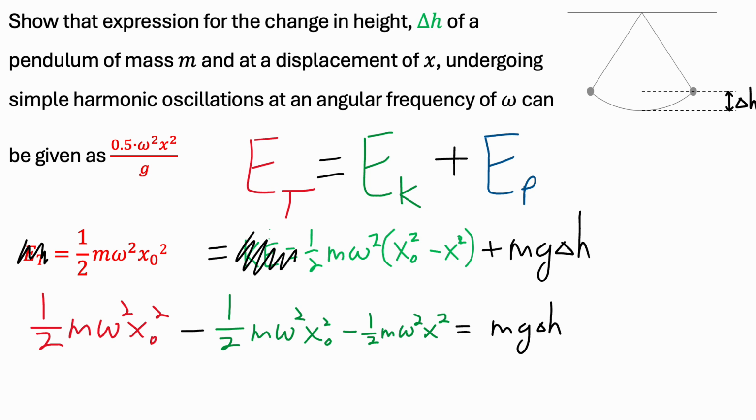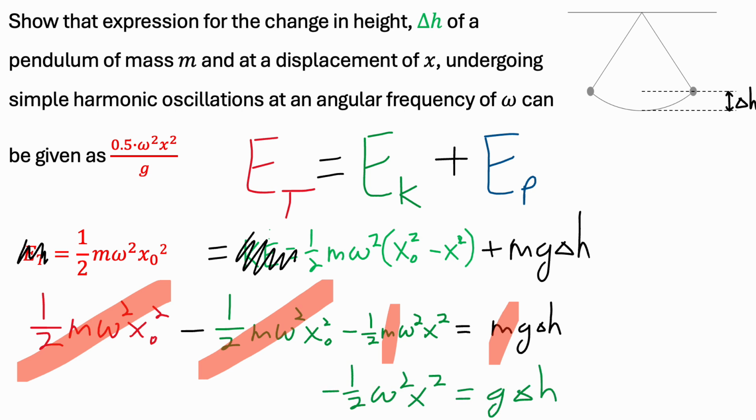And what you can see is that the first two expressions are both the same and one is minus, so they'll both actually cancel. Half m omega squared x naught squared will cancel, just leaving us with another equation which also has masses that can cancel. This leaves us with this term, and you can kind of see where this is going.